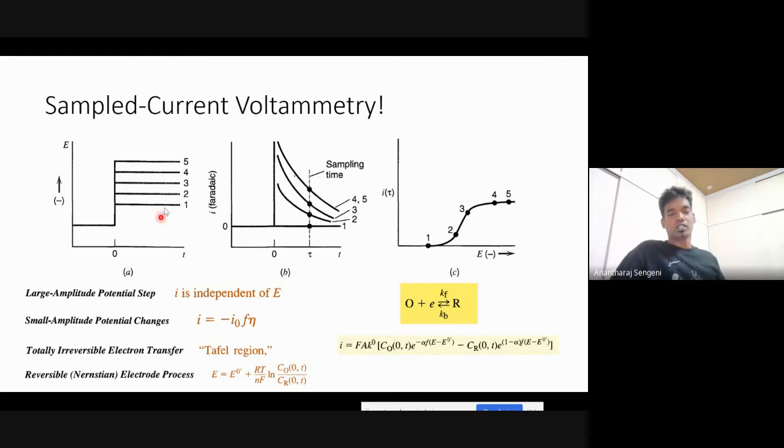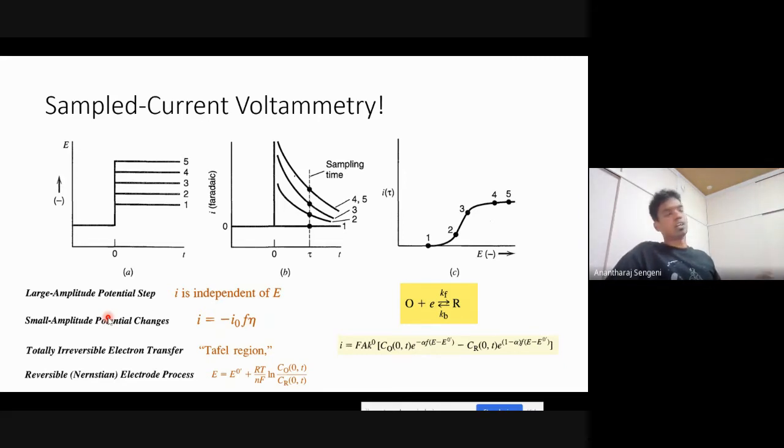But when the potential step is very small, the current-potential relationship is given by this equation, and you can easily relate the exchange current density with the actual current density as a function of overpotential. Okay, but in the case of totally irreversible reactions, such as OER, HER, and chlorine evolution reaction, the reaction usually occurs at a potential way higher than the reversible potential.